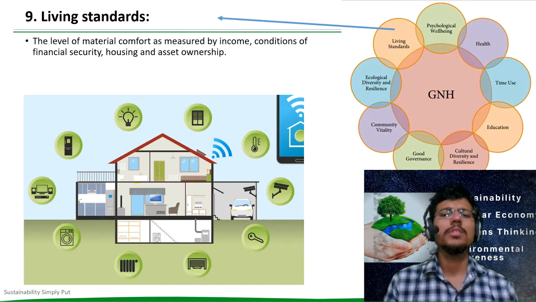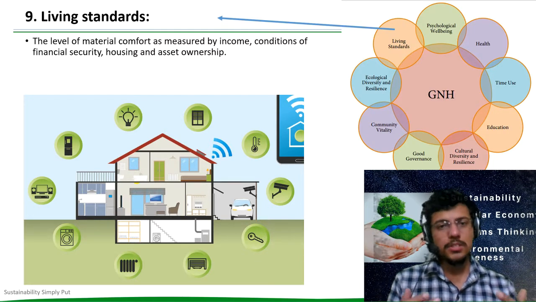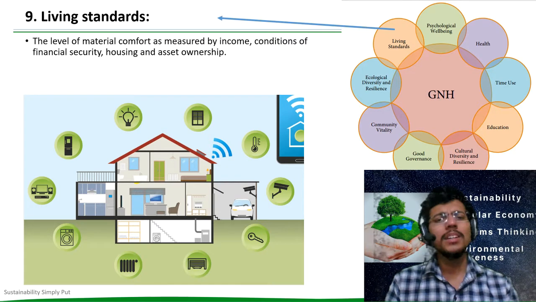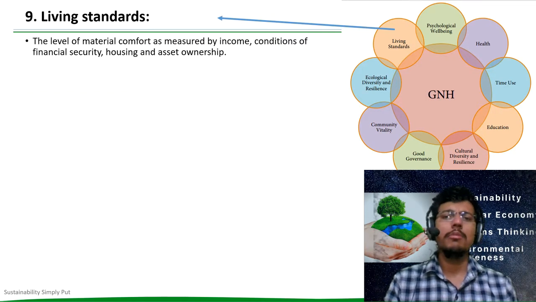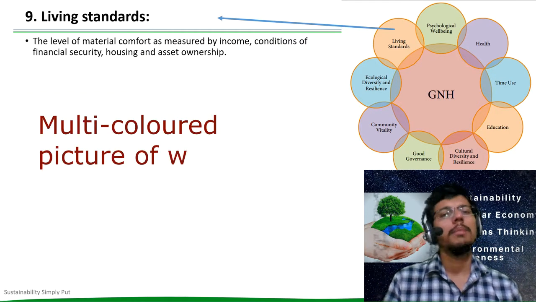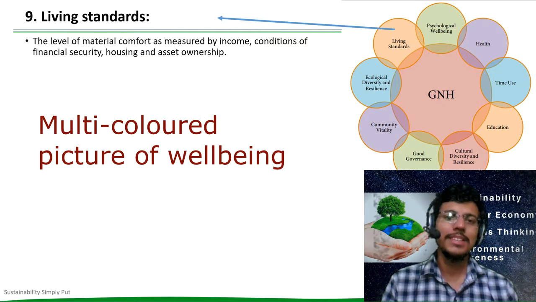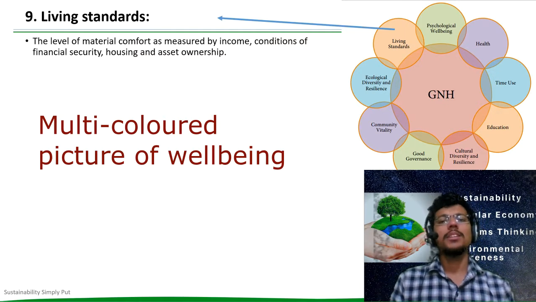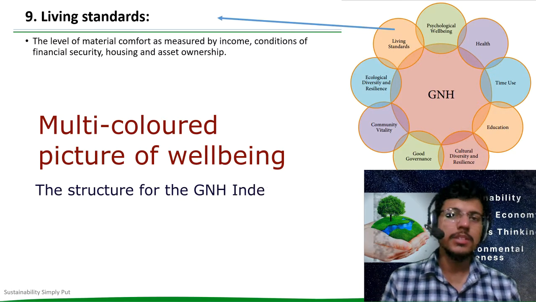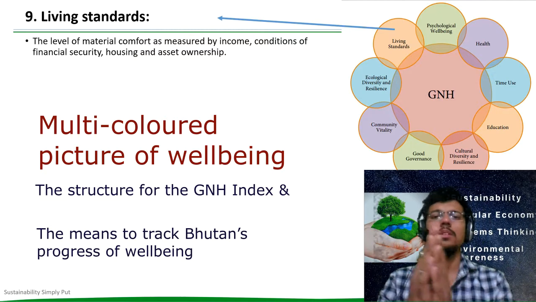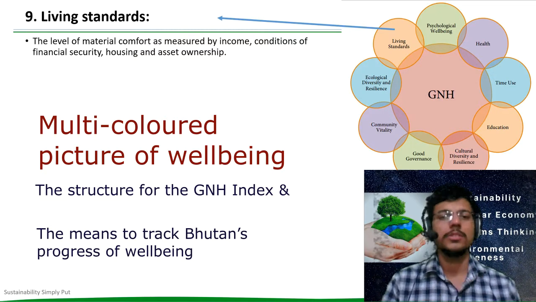This domain refers to the level of material comfort as measured by income, conditions of financial stability, housing, and asset ownership. Together, these 9 domains attempt to paint a multidimensional picture of well-being, incorporating a set of key constituents. These domains collectively provide the structure for the Gross National Happiness Index and the means to track Bhutan's progress of well-being using the aforementioned policy tools.